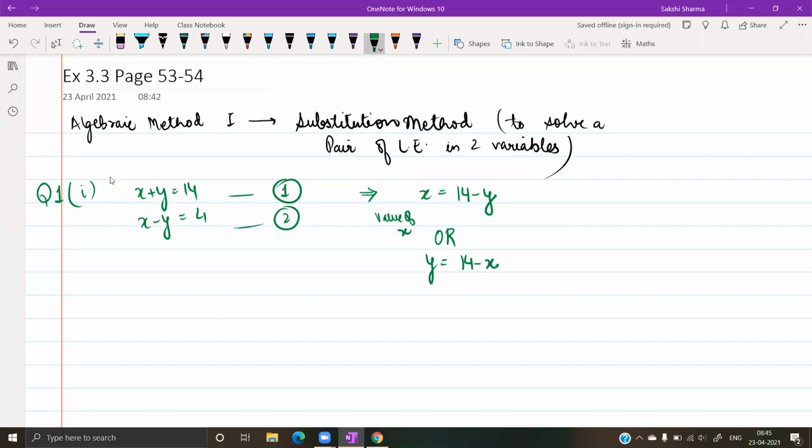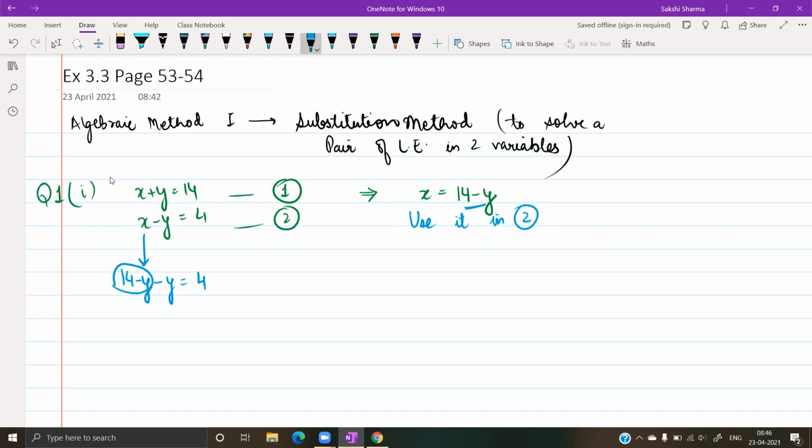Doesn't matter, एक वेरिएबल की वैल्यू आपको निकालनी है. अगर आप x की वैल्यू फाइंड आउट कर रहे हो, we are going to use that value which we obtained from first equation in the second one. इक्वेशन नंबर 2 में जब आप यूज करोगे, x will be replaced by 14 minus y. तो x की जगह पे आपके पास आ जाएगा 14 minus y. The rest of the equation is unchanged.